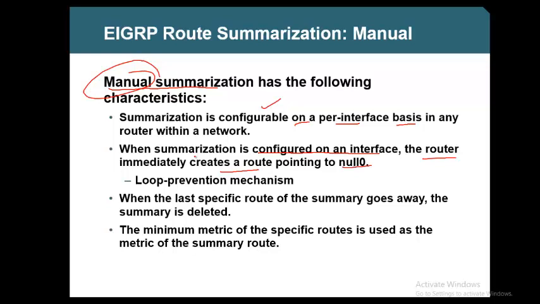But the summary route is not of a particular, of a single interface. It's a summary of networks which are in various interfaces. Then which interface does the summary route need to point out to? It will point out to a dummy interface called null interface.